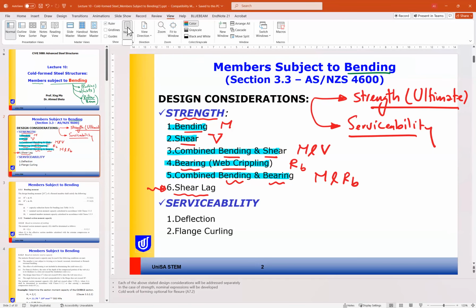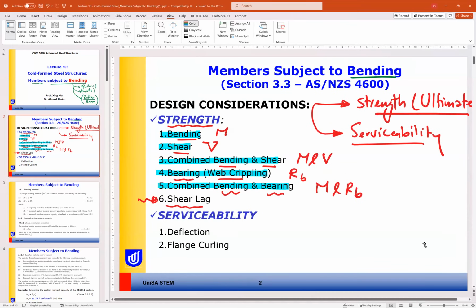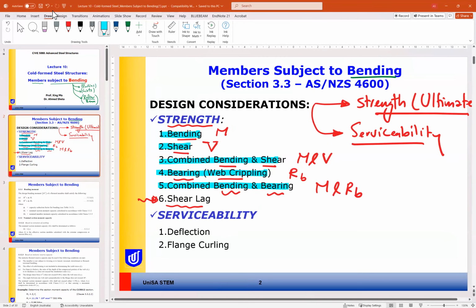The difference is that the procedures themselves have some different parameters or some different checks because the nature of the cold formed steel is different from the nature of hot rolled steel. Do you agree with that? Have you done this in the design of hot rolled steel sections?